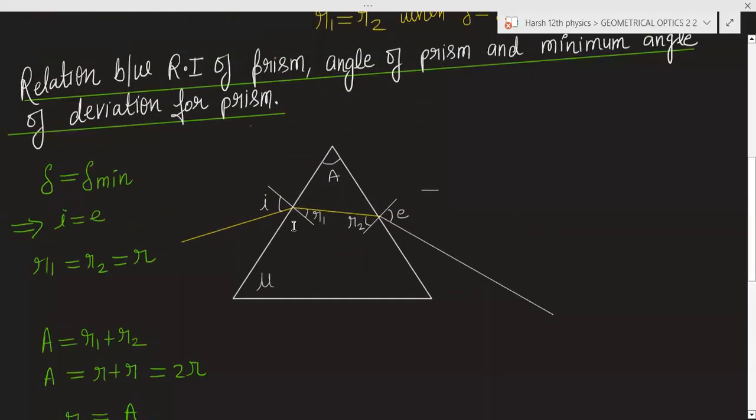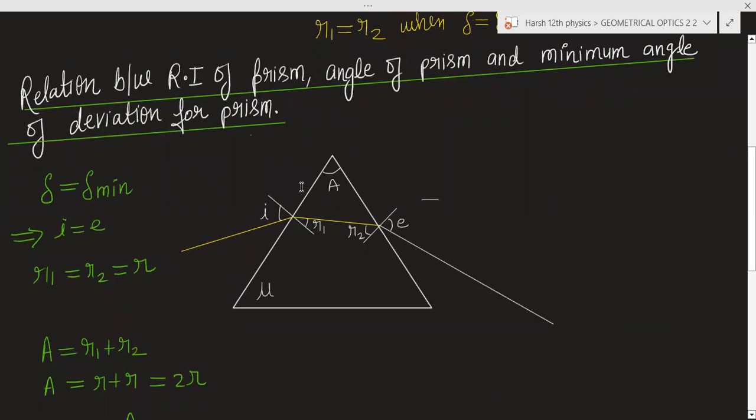Now apply Snell's law on this surface. If we apply Snell's law on the first surface of the prism, here is air, so the refractive index is 1. Here is the prism, so the refractive index is mu.